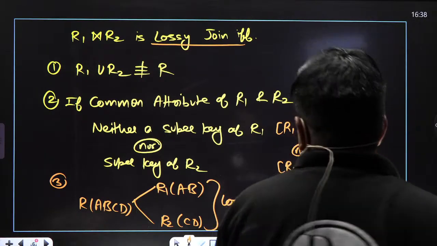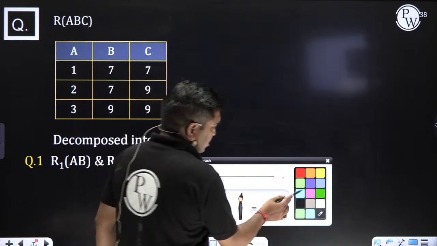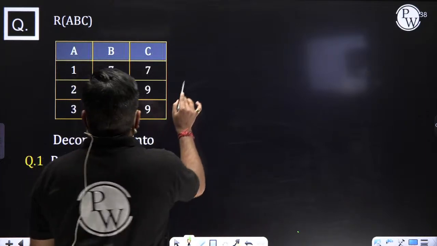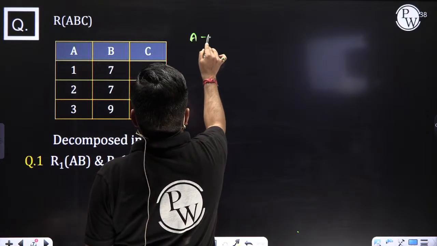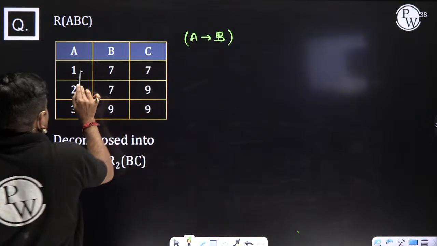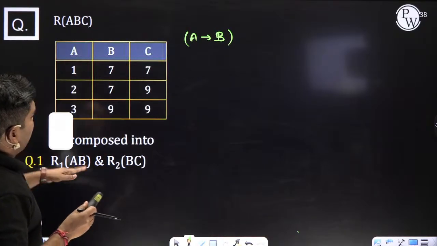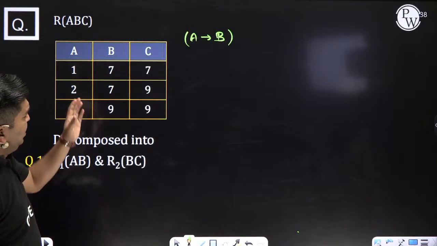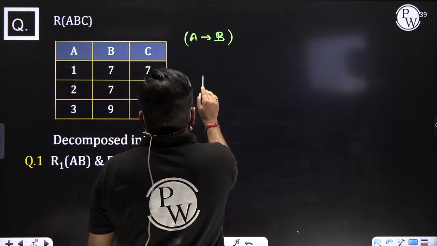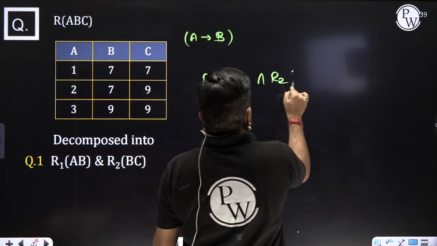Clear? Very good. Now here you can see which FD is satisfying. Is A tends to B satisfying? Yes: 1 2 3 7 7 9. A tends to B is satisfying. Now, what is the common attribute here?